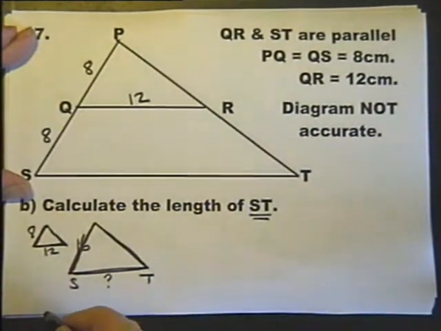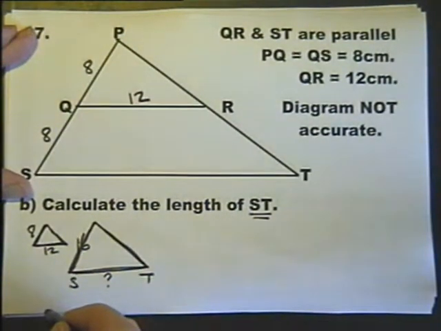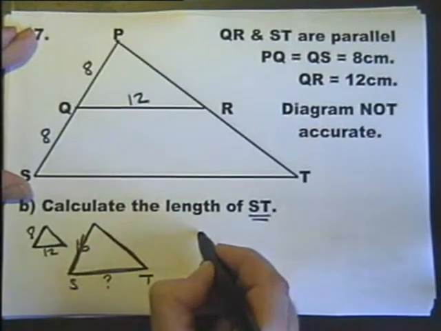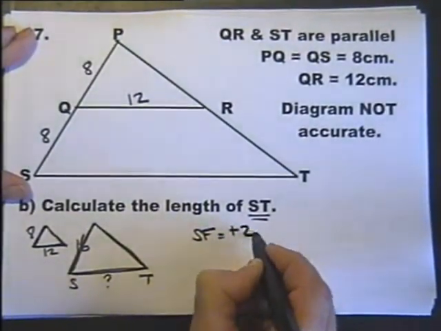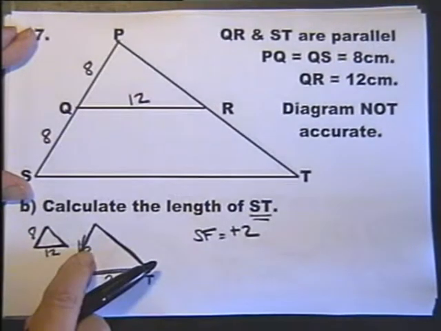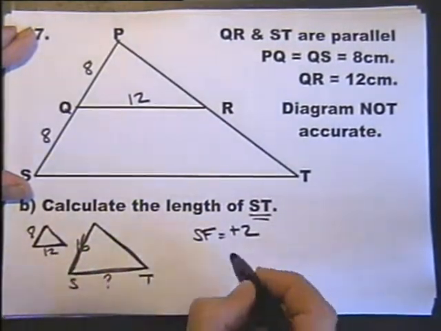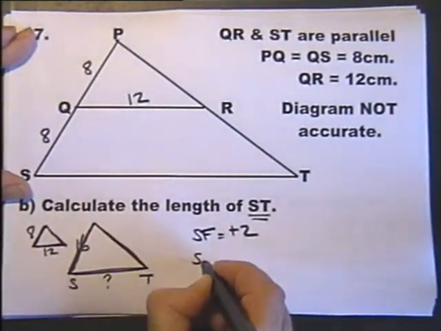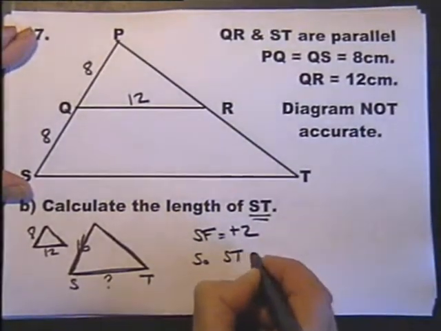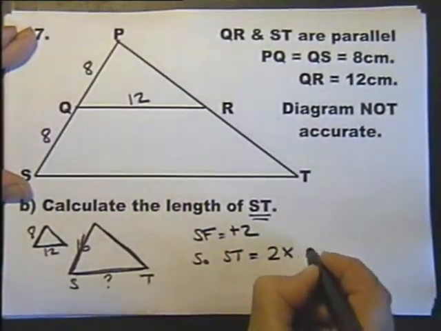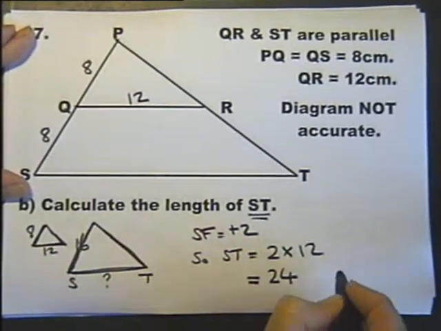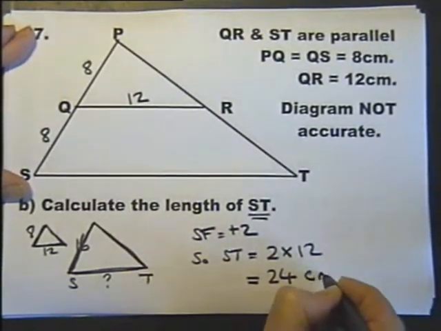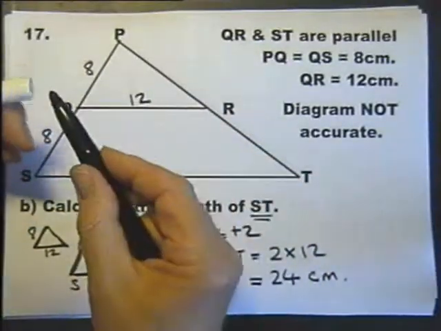We call this an enlargement. It's an enlargement of scale factor 2, because that side has been doubled. Therefore that side must be doubled, so ST must be double 12, which is 24.